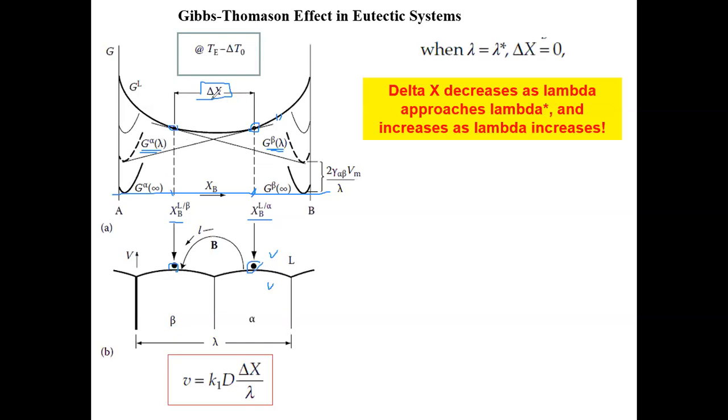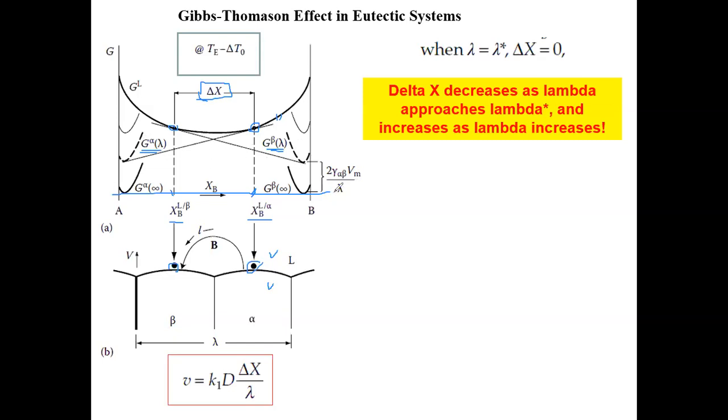The composition difference, which is the difference between XBL alpha and XBL beta, based on which we compute delta X, is based on the double tangent construction, and so it depends on the position of the free energy curve for the solid. The liquid does not change because the liquid free energy does not depend on lambda. But for different lambda, the effective solid free energy for both phases is going to change.